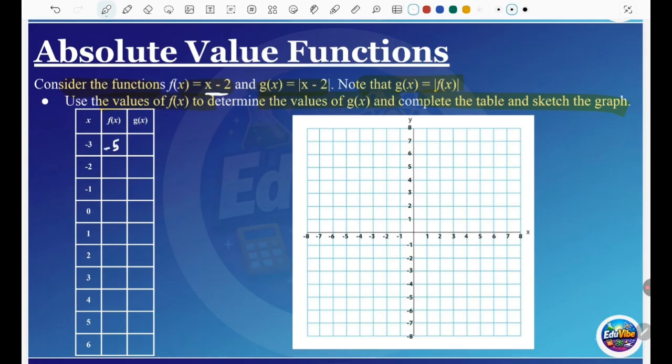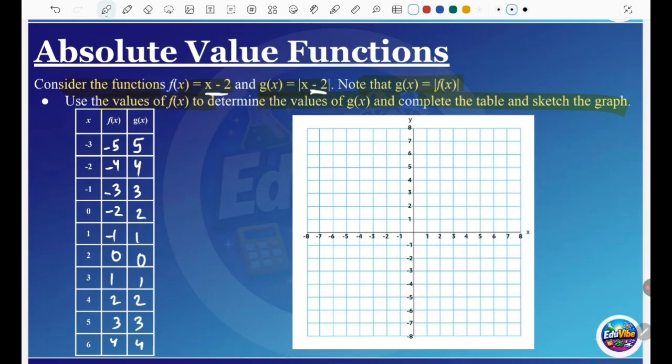If we put minus 3, we get minus 5, then minus 4, minus 3, minus 2, minus 1, 0, 1, 2, 3, and 4. We got these values. If you put these values in the absolute one, you always get the positive value of that. So it stays the same, but all should be positive ones.